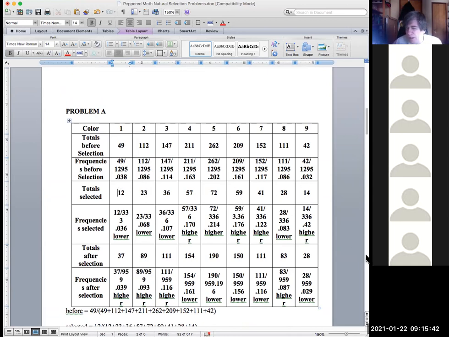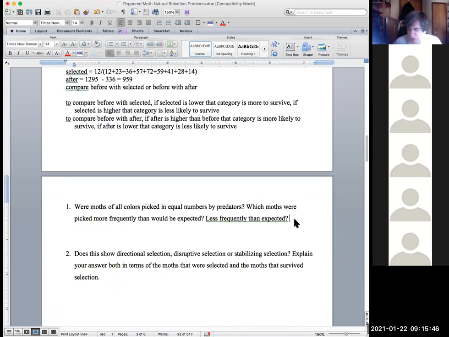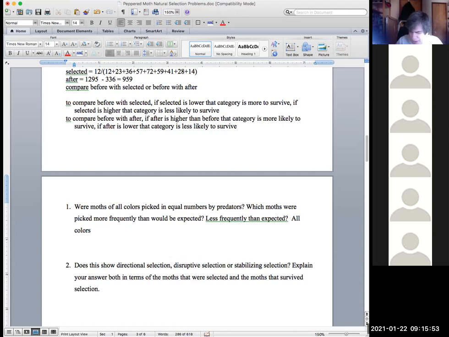So it says, were they picked in equal numbers? So we're not asking about frequencies there. So we're going to say all colors were not picked in equal numbers.